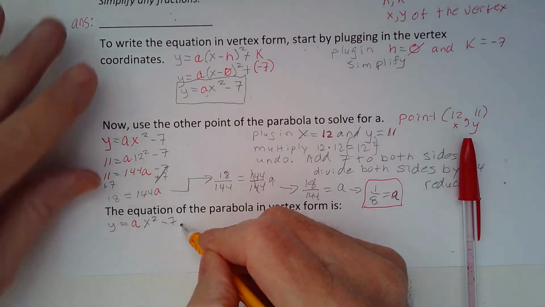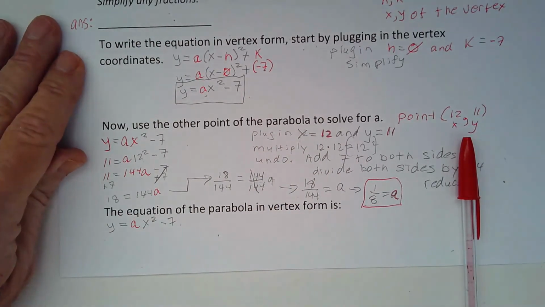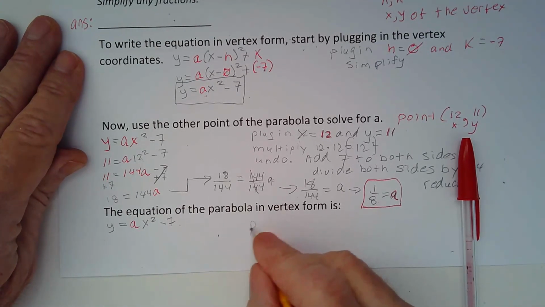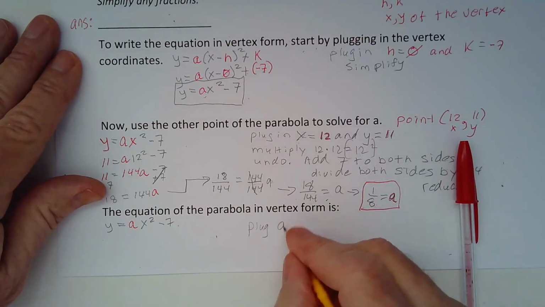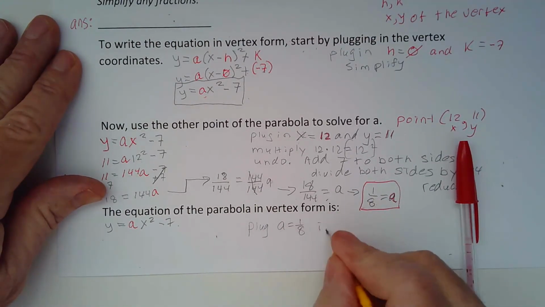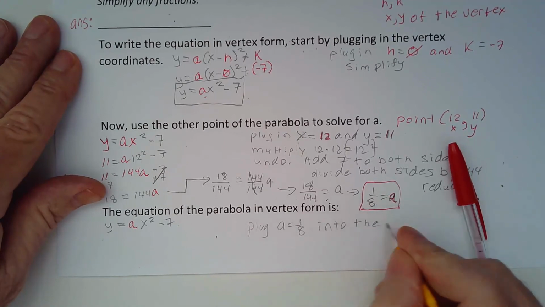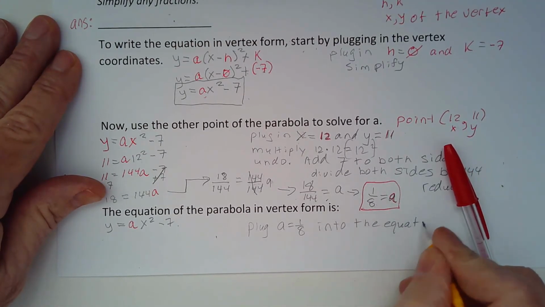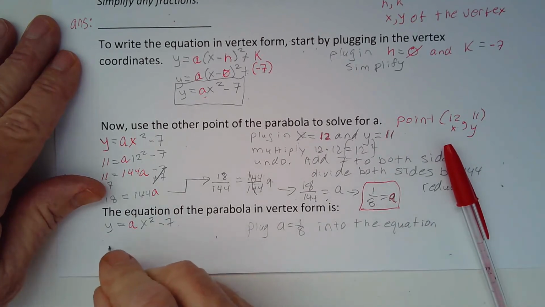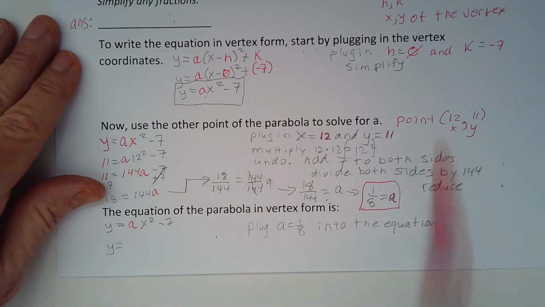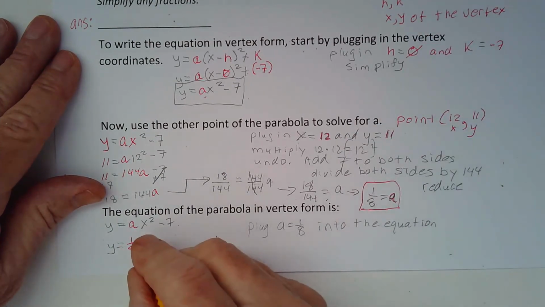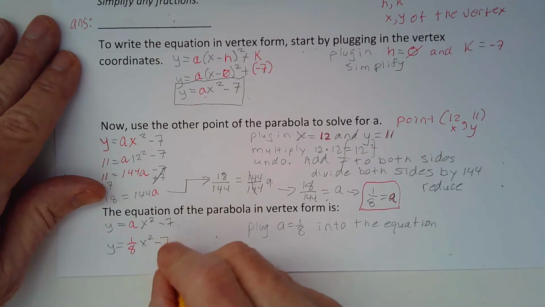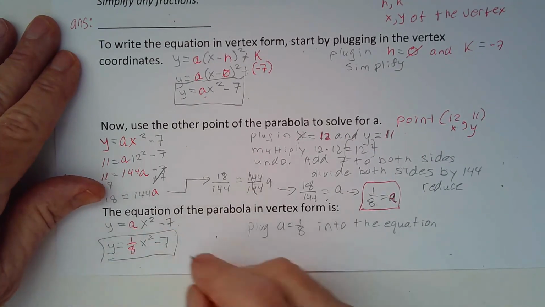Now, we know that 1/8 equals a, so we just simply plug a equals 1/8 into the equation. And we get y equals 1/8 x squared minus 7. So this is going to actually be our answer.